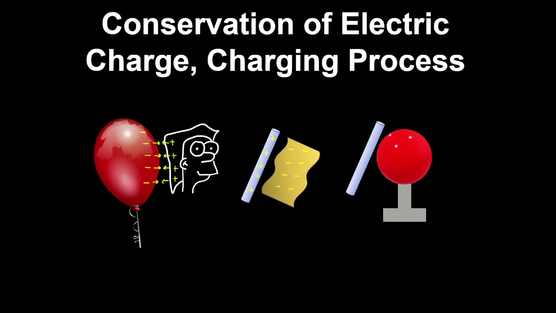Now, induced charge separation occurs when the electrostatic force between two systems alters the distribution of charges within the systems, and this results in a polarisation of either one or both systems. So for example, if you bring this positively charged glass rod next to a neutral conductor, then this will attract electrons towards it, leaving behind a distribution of positive charges.